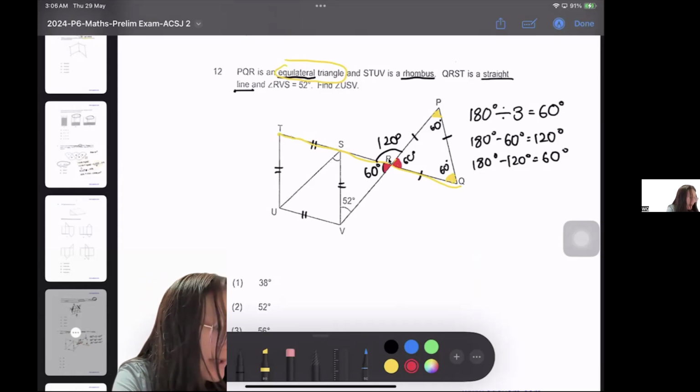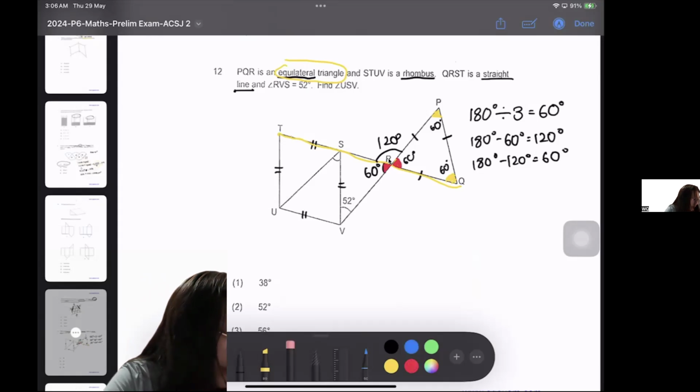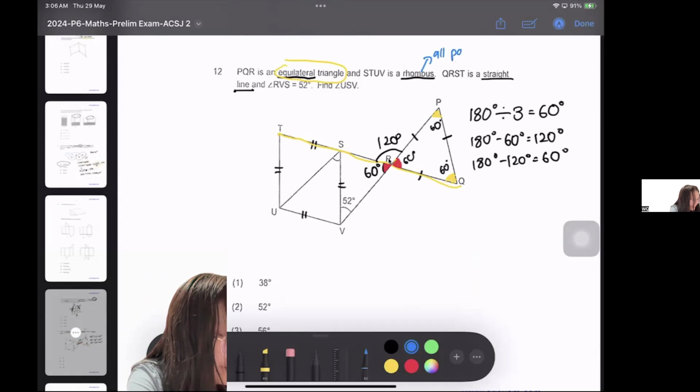Another property you need to use in this question is that the rhombus has parallel sides. All sides on a rhombus are parallel, so you need to label that as well.